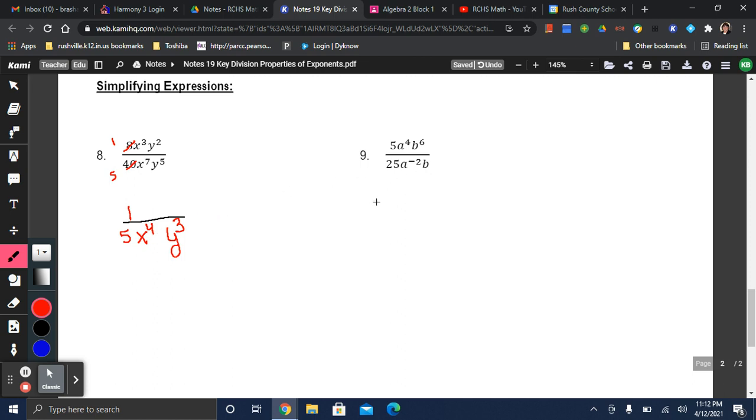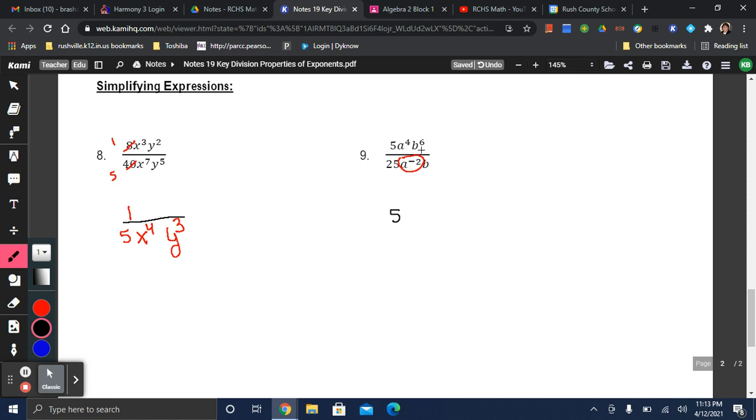Okay, now if you have an expression that has a negative exponent in it, then before we do any other work, we're going to move that expression from its current location to the opposite, to its reciprocal place.